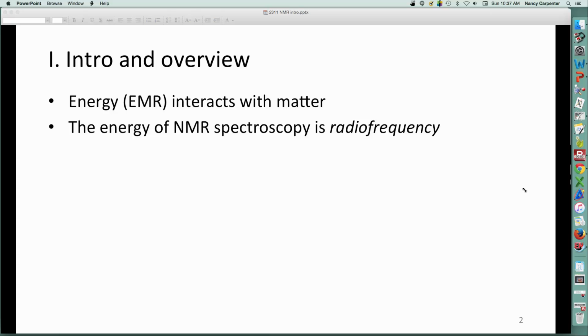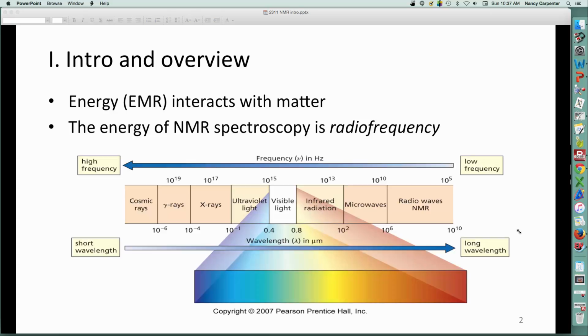And in IR, we've seen the energy level is kind of middle of the road, right in the middle of the electromagnetic spectrum, more or less. Now in NMR spectroscopy, we're looking at a much lower energy level, looking at radio waves, a really teeny tiny energy transition as this region of the electromagnetic spectrum interacts with your molecule.